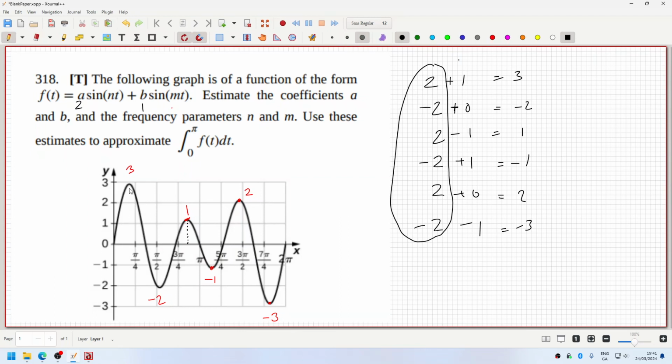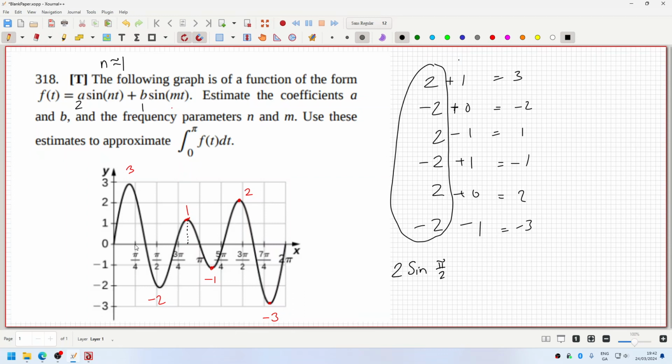It's not quite perfectly lined up, but I'll just say I need like the first one to be sine. It has to be like pi/2. So actually, I think this n would be kind of close to 1.